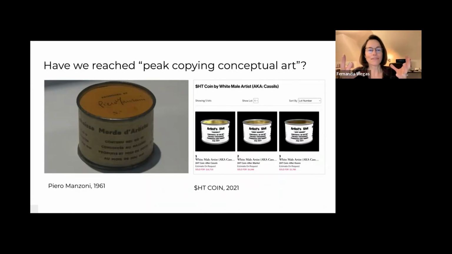And just to take a step back, this is not just something that is happening with NFTs. This tends to happen anytime we move from a traditional medium to a new medium. For instance, when photography came around, artists who were interested in photography and understanding what is this thing that makes pictures felt that they needed to have photographs that resembled paintings, because that's what they and their audiences were familiar with.